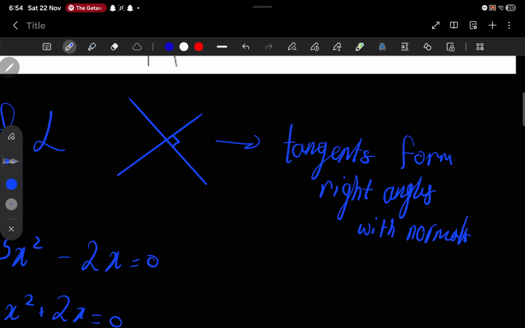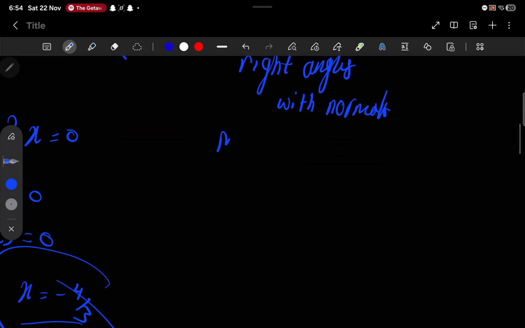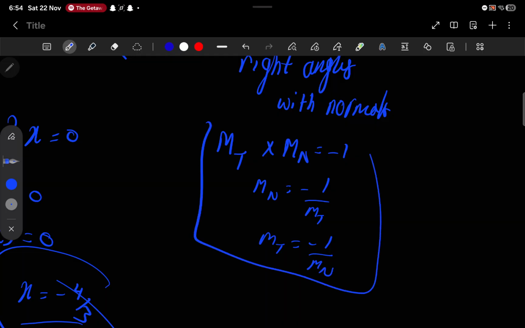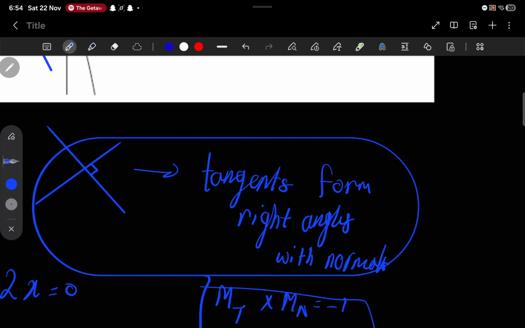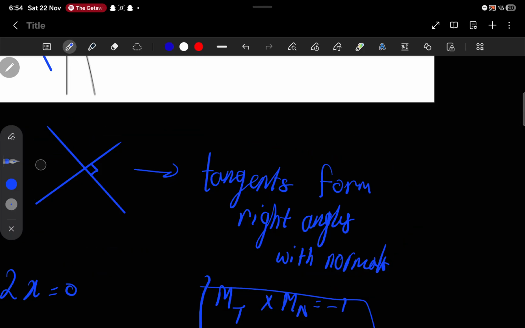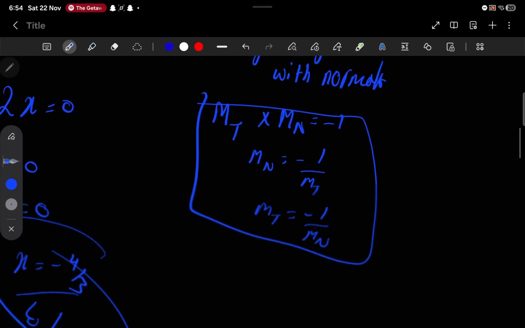Now, how can we show this? Remember the definition, the slope of the tangent times the slope of the normal is equal to negative 1, right? So mn is equal to negative 1 over mt, and mt is equal to negative 1 over mn. This is how you show it in a written part, if they ask it. I highly doubt that they'll ask this, but in a written part, state this and show it by stating this.